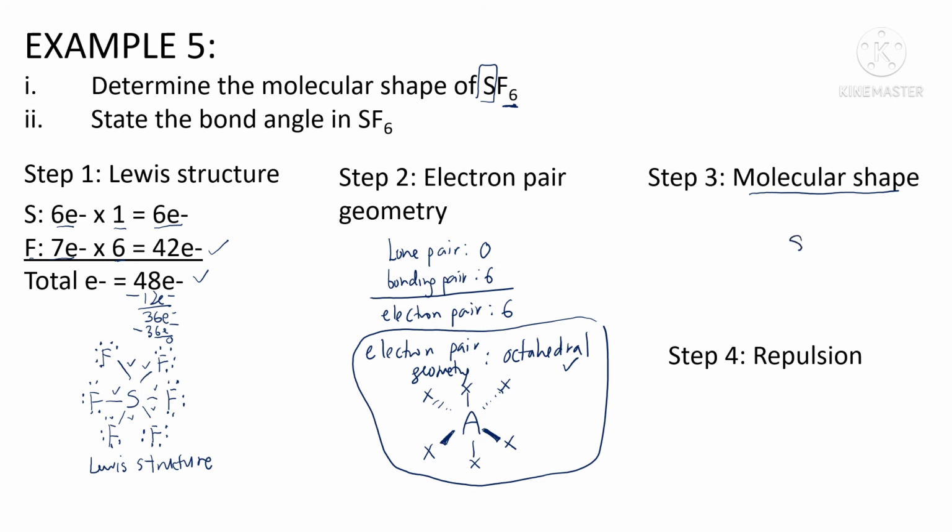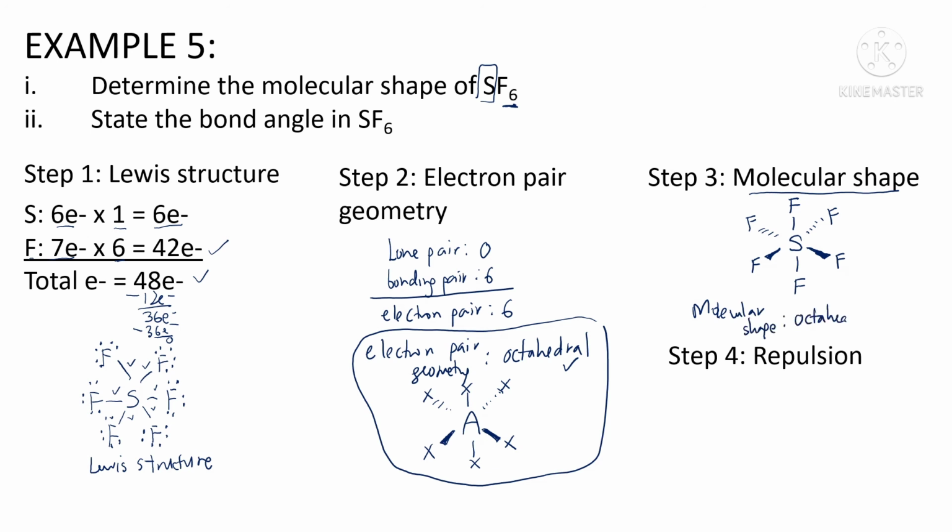So sulfur central atom, 1 bonding pair on top, 1 at the bottom, 2 pointing towards us using solid wedge, another 2 pointing away from us. So this is molecular shape octahedral.